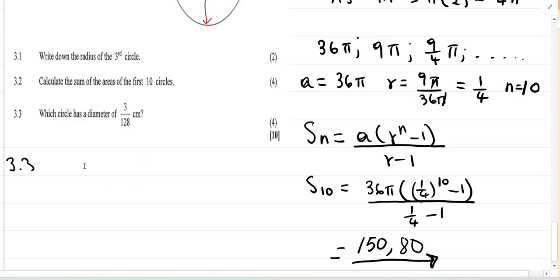But you look back to what we've been doing here. What we've been doing so far involves no diameter.